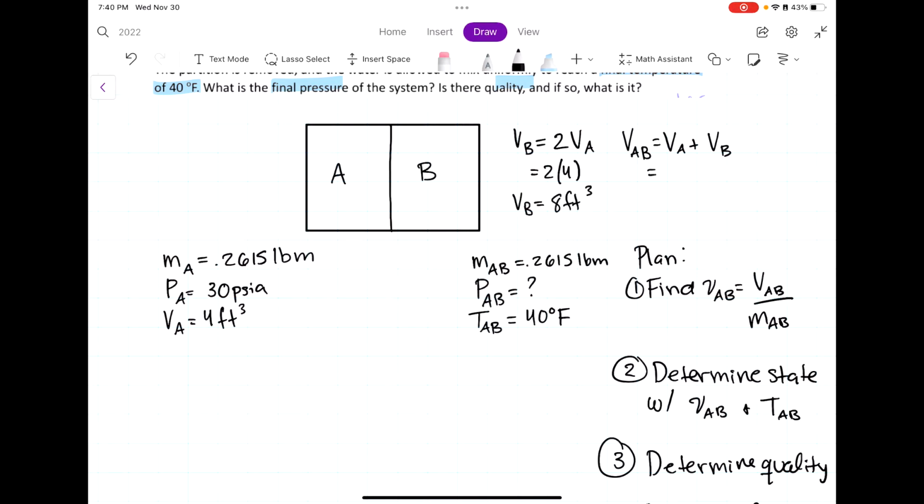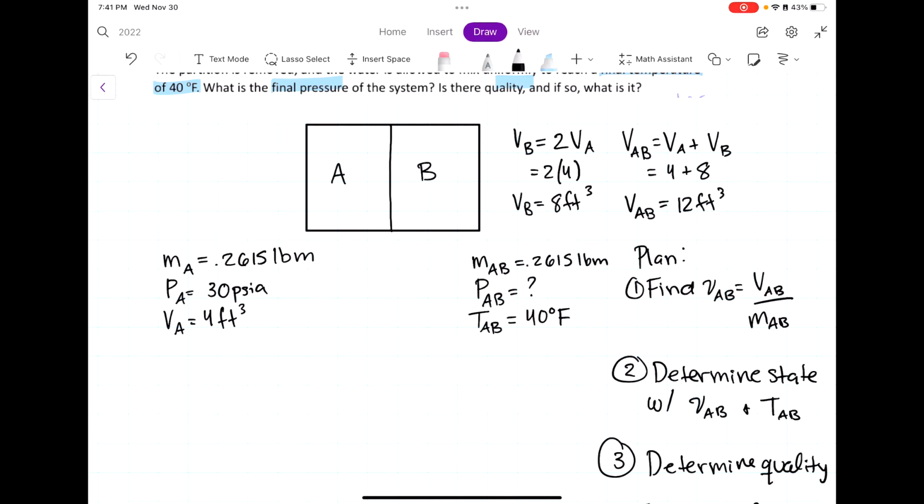And then we plug those numbers in to find the volume of AB combined. So the volume of A is 4, the volume of B is 8. So our volume of A and B combined is going to be 12 feet cubed.